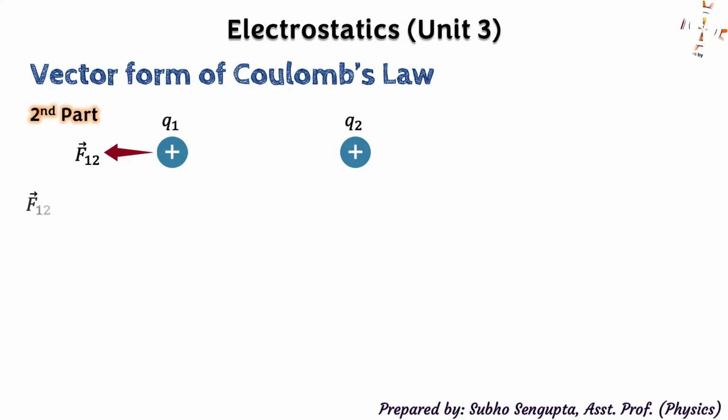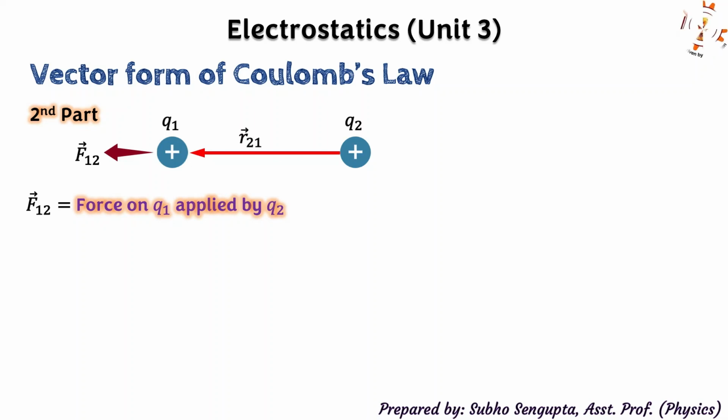So, vector F suffix 12 is the force exerted by charge Q2 on Q1. As a result of this force, charge Q1 is displaced away from Q2 in this direction. I denote the displacement of Q1 as vector R suffix 21. So, vector R suffix 21 is the displacement of charge Q1 away from the charge Q2.